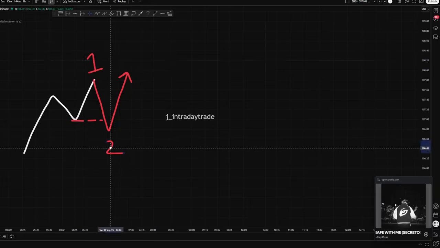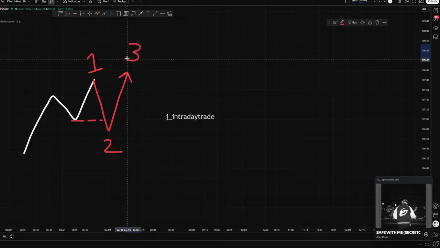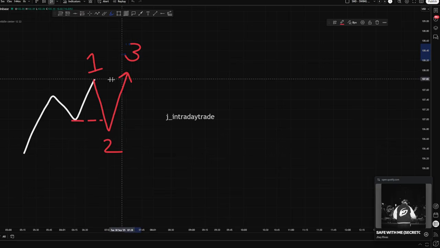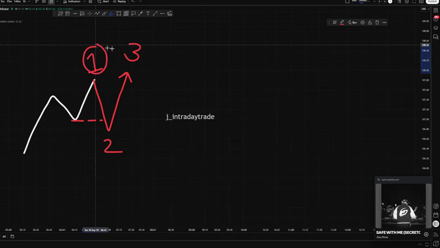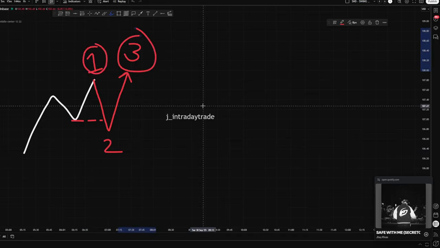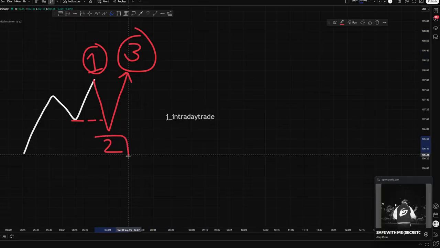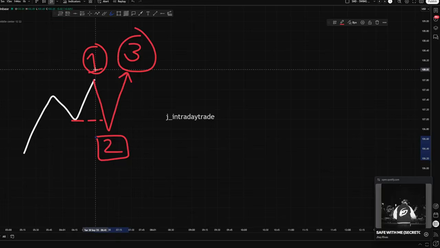And when that number 2 is created, that 1 is officially created. So what you could say is, as soon as that P2 sweeps that high, we create a 1 and a 3 at the same time. So now you understand why this is very important. This has the power to create two numbers out of one number.